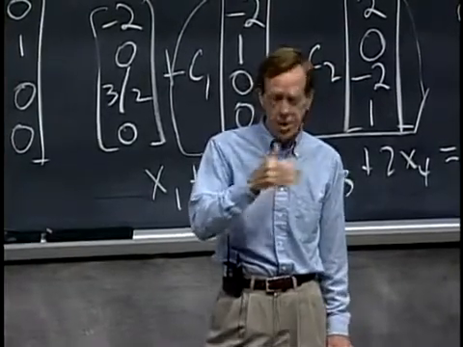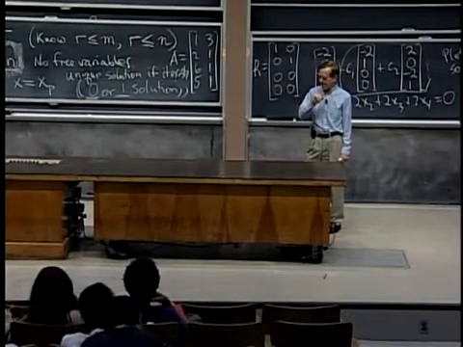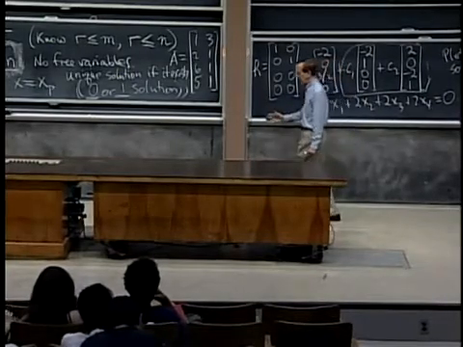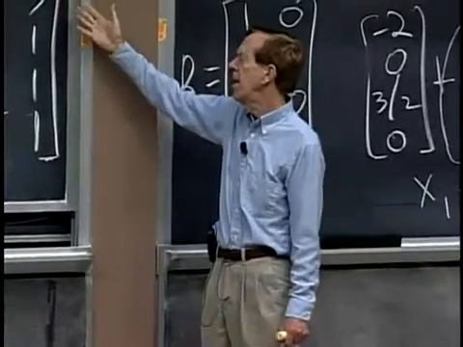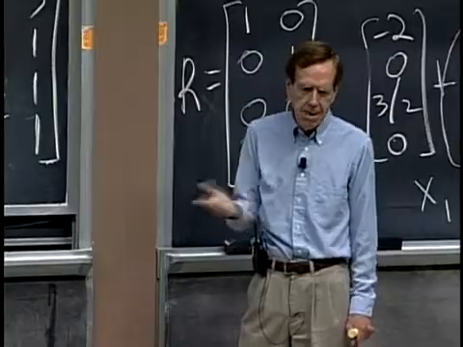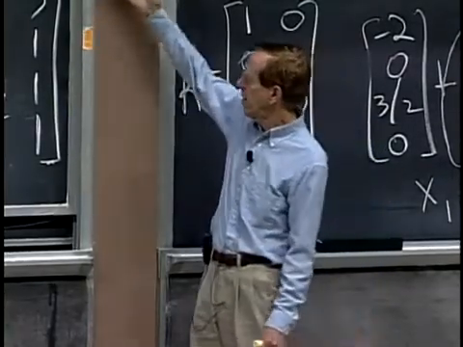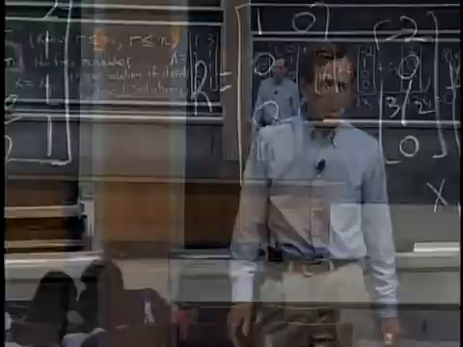Well, 0, 0, 0, 0. Okay. No prize for that one. Tell me another one. Another right-hand side that has a solution would be 4, 3, 7, 6. I could add the 2 columns, right? What would be the total complete solution if the right-hand side was 4, 3, 7, 6?